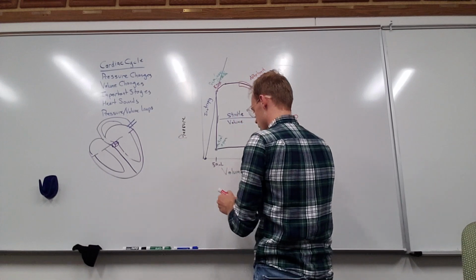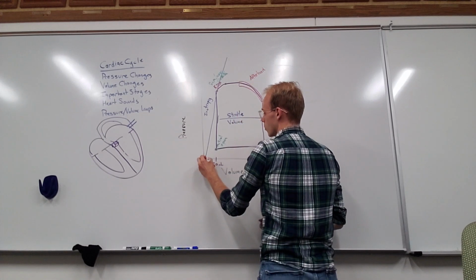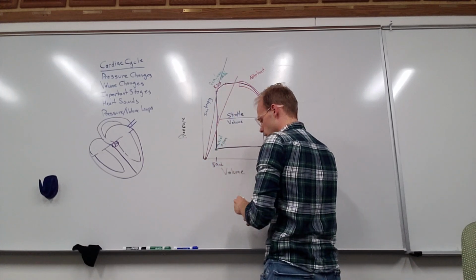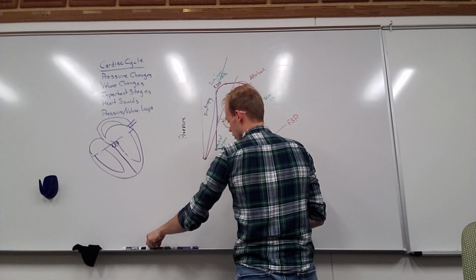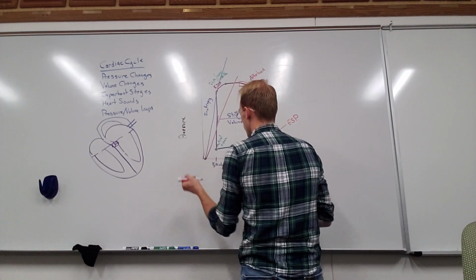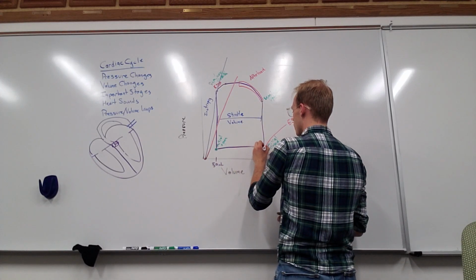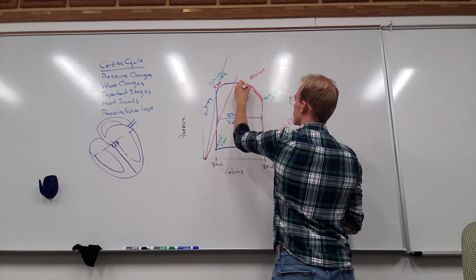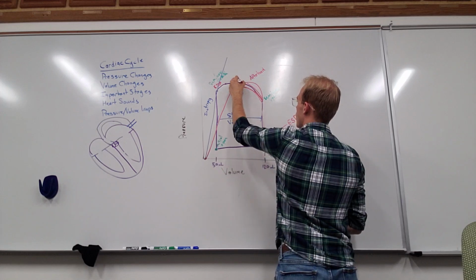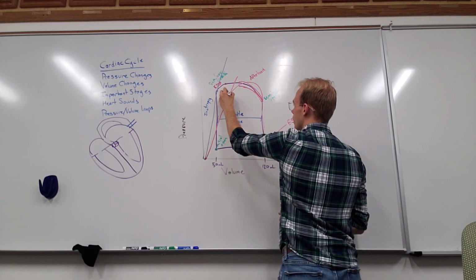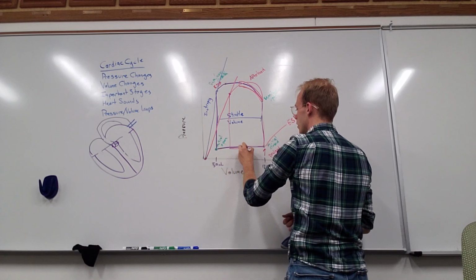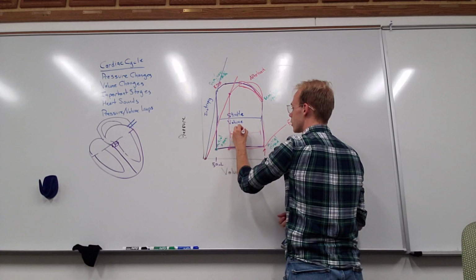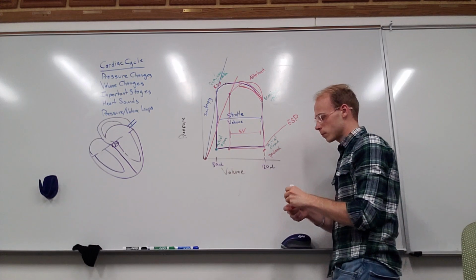So if it were to make sense to you, we'll say I decreased my inotropy. So I decreased how strongly the heart is contracting. So you would agree that I'm still going to go to the same preload, still going to go to a similar amount of afterload, but then I'm going to peak here and then drop and then go back up. And so you can appreciate how I have now decreased my stroke volume.